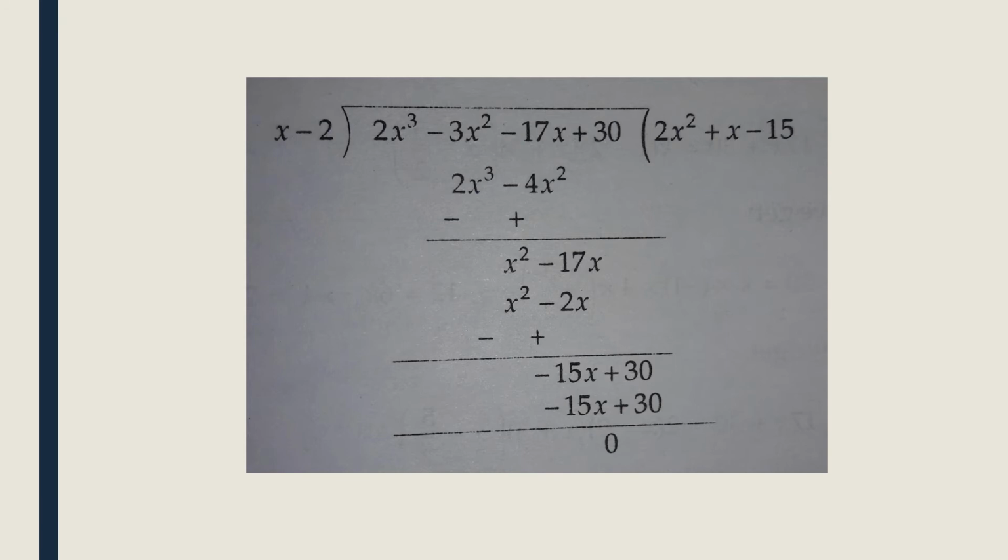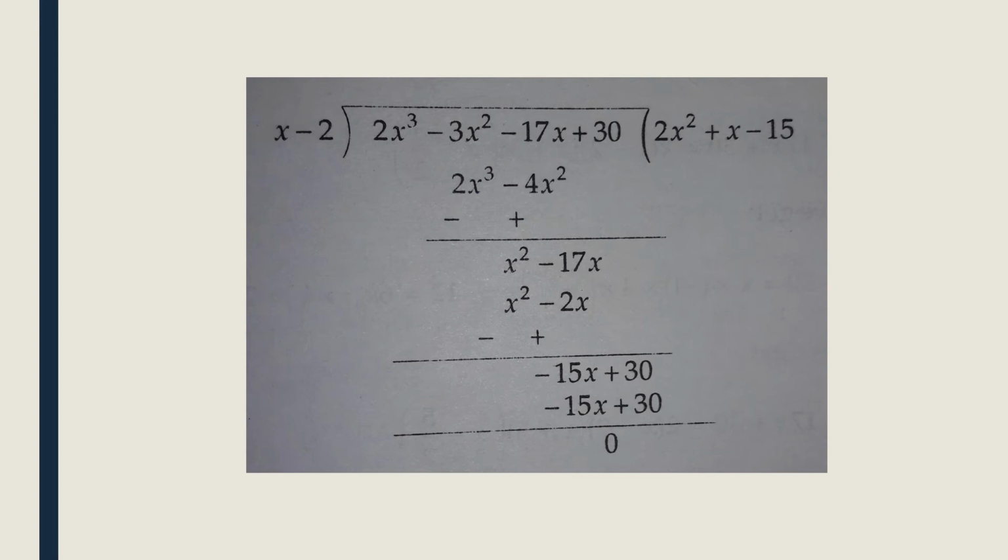Now divide x square by x, which gives the quotient as x. Multiply x minus 2 with x, which gives you x square minus 2x. On subtraction, we can see x square minus x square is 0. Negative 17x plus 2x is equal to negative 15x.